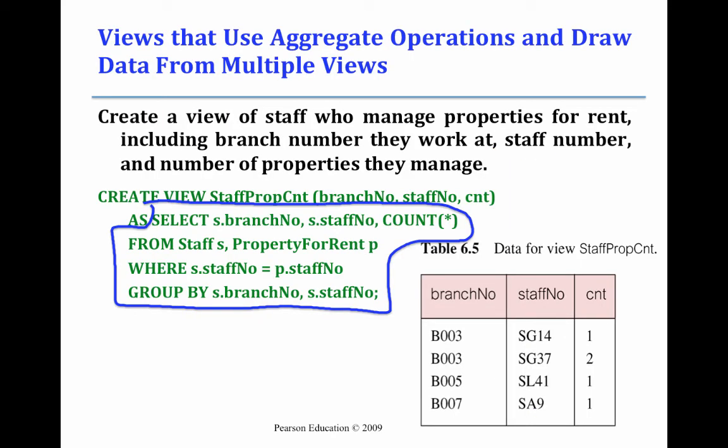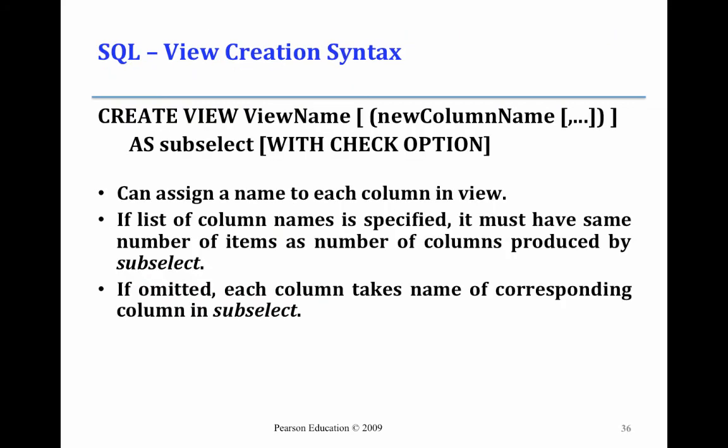And then the third kind of view was one that uses aggregate operations to produce some kind of aggregate value. This particular view gave a count of the number of properties that each staff person managed. And that's where we stopped last time.